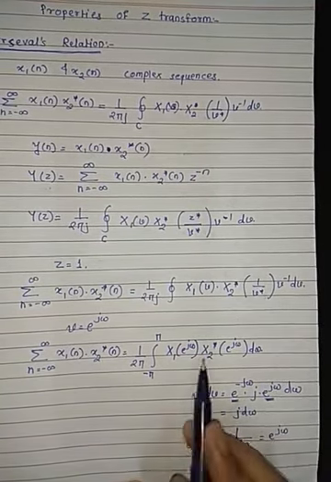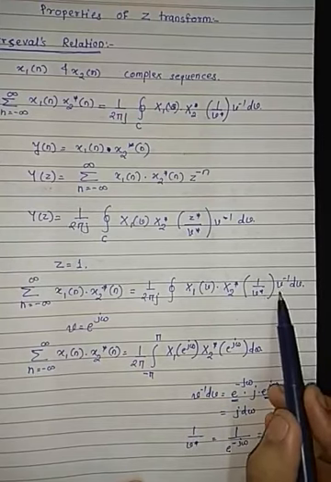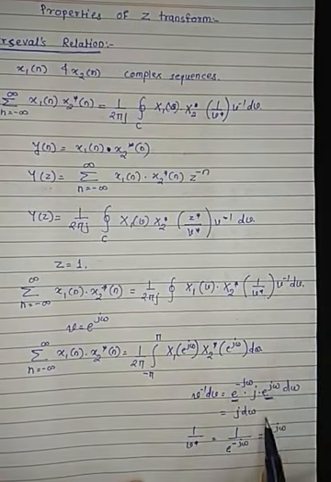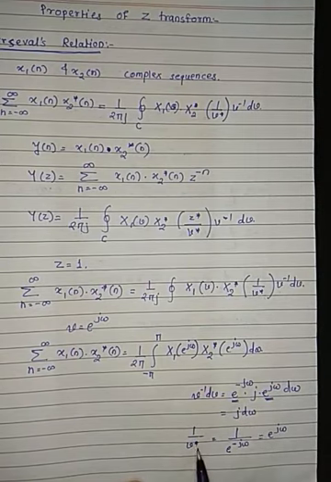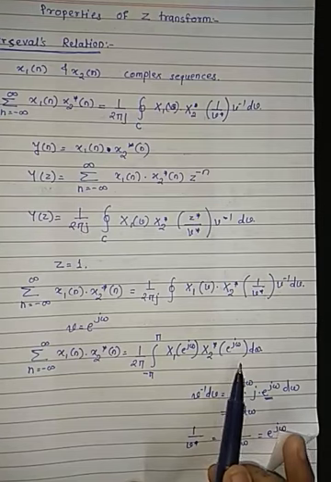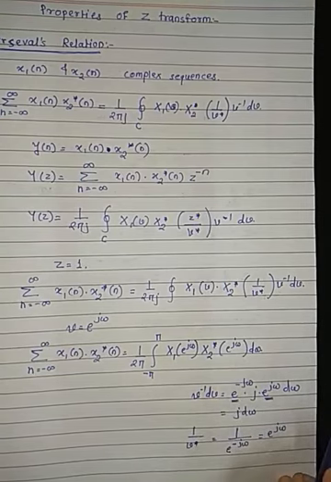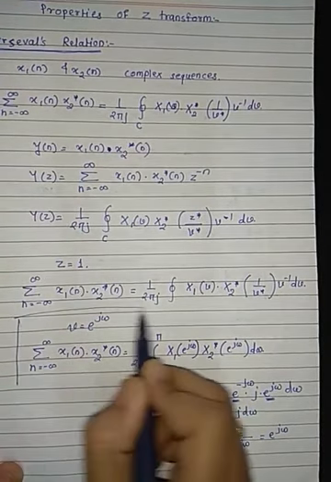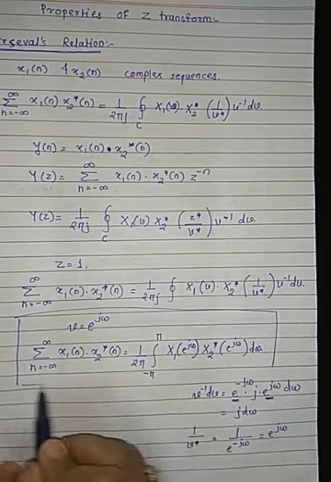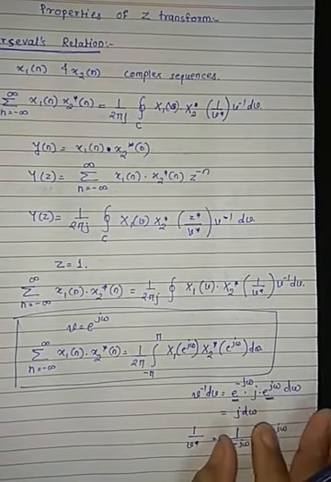So these values we have replaced here. So for v inverse dv, we have replaced here j d omega. Okay, and for 1 upon v complex conjugate, we have replaced it by e raised to j omega here. Okay, so we obtained our equation, which is the Parseval's relation in terms of the Fourier transform.